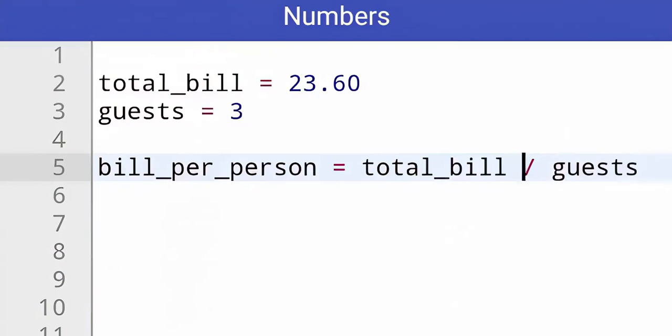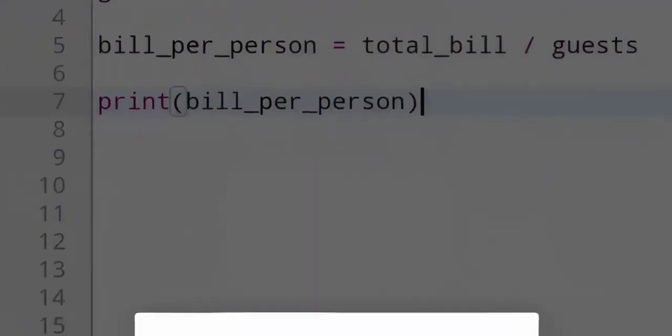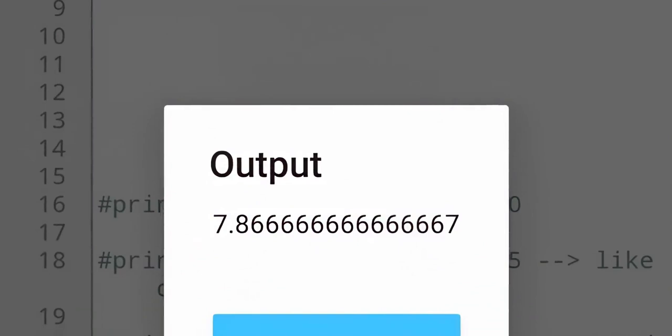As you can see here, we are using our divide symbol to divide the total bill by guests. Now if we print the value of bill per person, we should expect the evenly distributed bill per each person. When we run this code, as you can see, we have this number here.